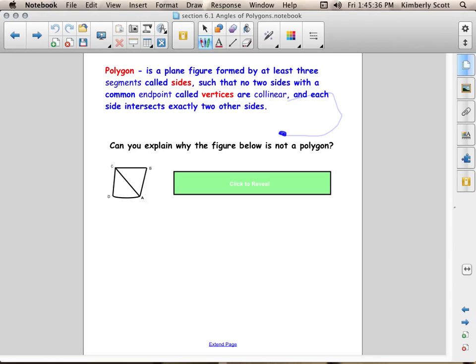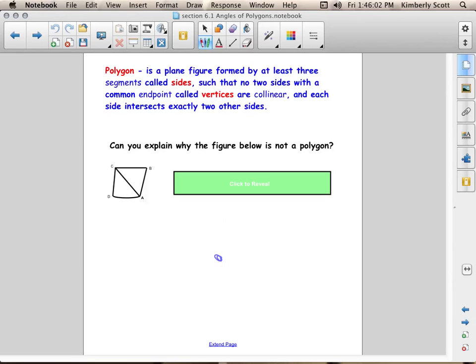They can't be collinear, meaning you can't have 2 segments that look like this. One segment, a second segment, because that's just one line. They have to have an angle between them. And you cannot have something like this, because right over here more than 2 sides will intersect at a common vertex.